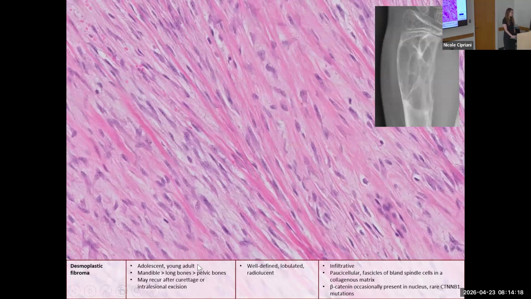Again, young adult patients in various anatomic sites. Has these long fascicles of fibroblasts, myofibroblasts, just like fibromatosis. However, not all of them, but many of them have beta-catenin nuclear expression as well as occasional beta-catenin mutations. So I wouldn't rely on beta-catenin as much as I would in fibromatosis, but the morphology is quite similar.